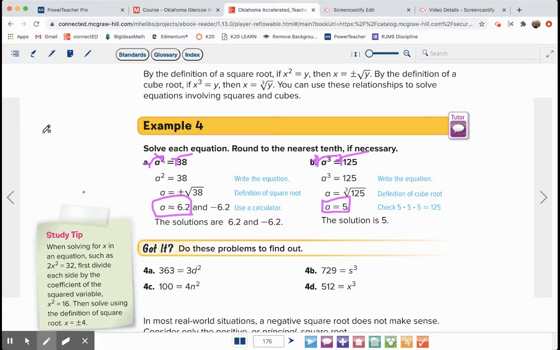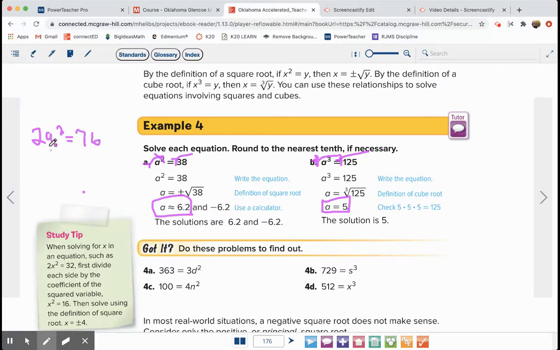I do want to mention if there had been a number out front, like let's say, hold on, let me plug a number in. Let's say we have this problem, 2a squared equals 76.